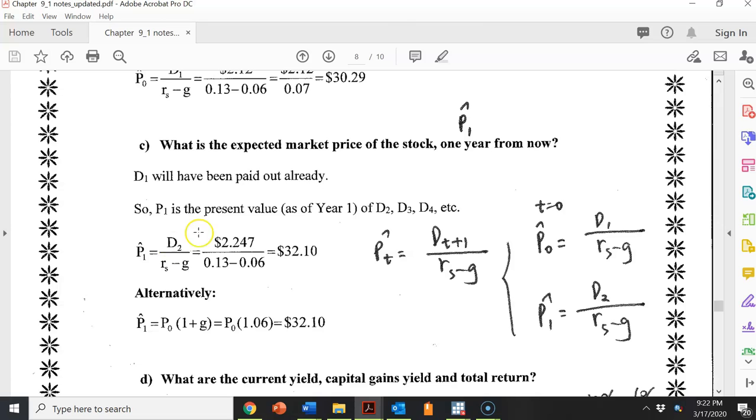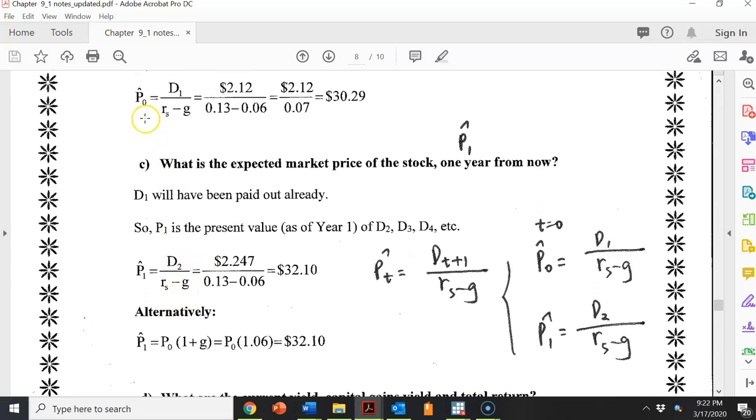P1 equals D2 over RS minus G, okay? Because P0 is D1 over RS minus G, so P1 is D2 over RS minus G. You can use D2, which is already calculated, 2.247, over RS 13% minus G 6%. So we have 32.1 as our P1 hat.